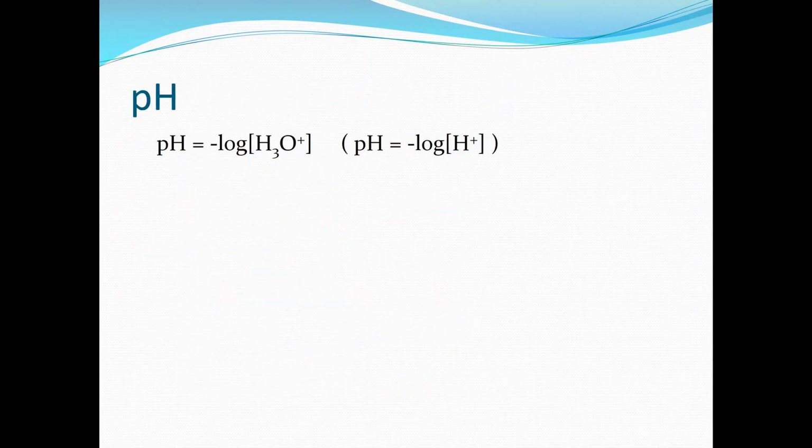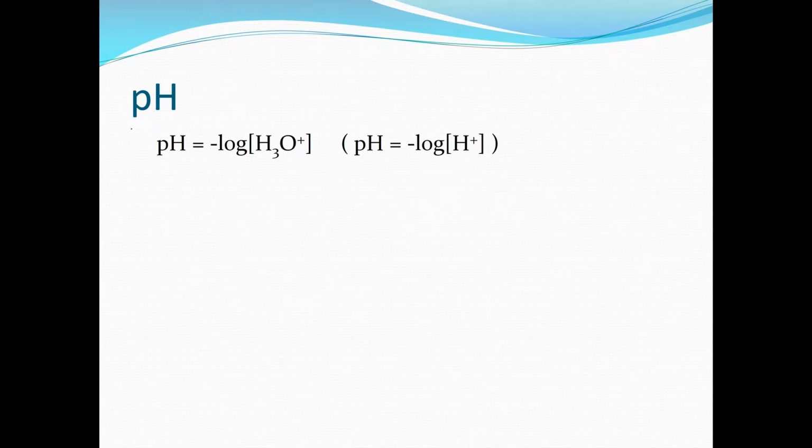And so powers of 10 can be a little bit tricky to think about, especially when we're talking about things that are very small. So 10 to the negative 7th is a really small number in my brain. 10 to the negative 14th, also a really small number. And I don't have a great sense of the difference in those two very small numbers. And so something that we do to help us deal with those very small powers of 10 is we define what we call the pH.